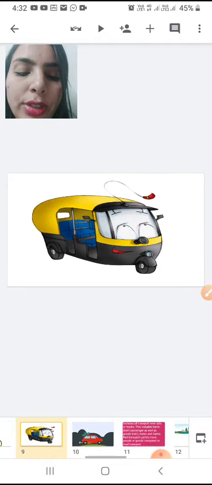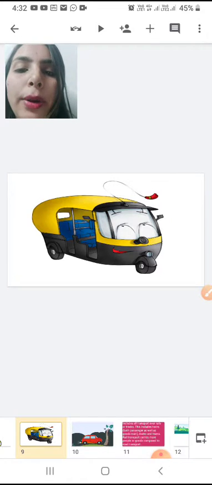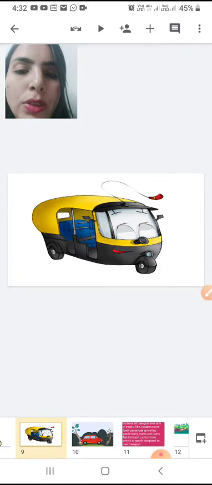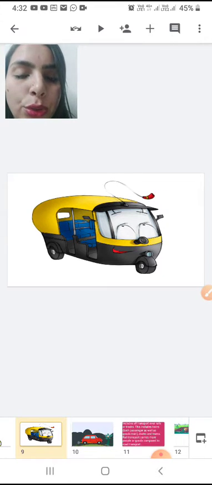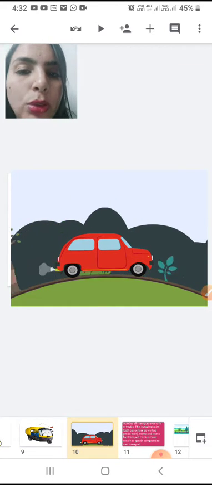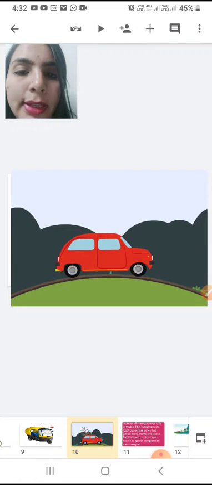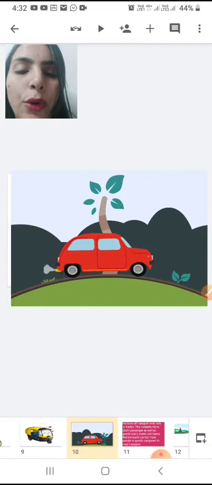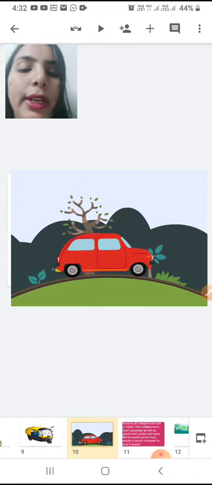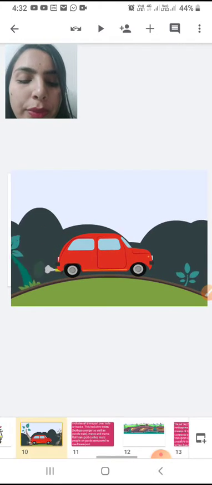Or we can use an auto rickshaw if we want to go to our nearby market or to our relative's house in our city. Or we can travel through cars also if we want to go longer distances from one city to another, or to a town or village. We use cars also.